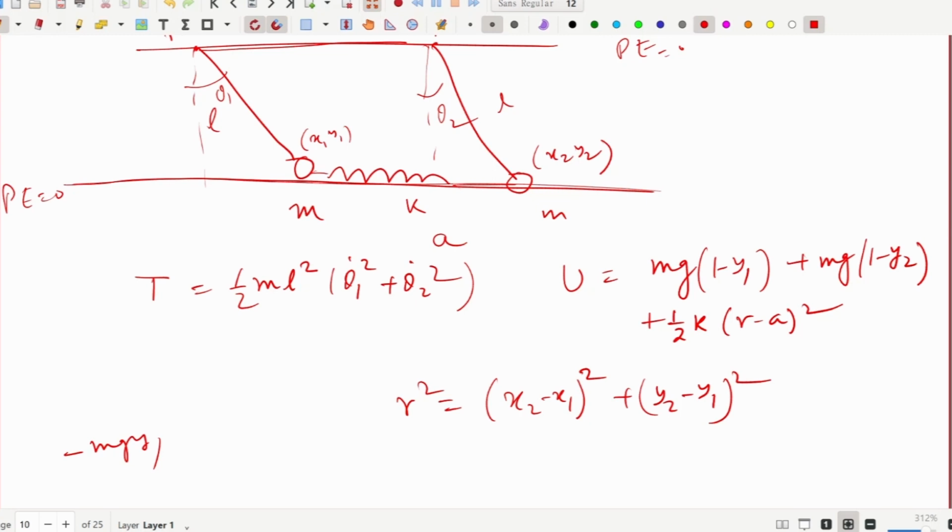But if we consider the zero at the equilibrium position, I am sorry, this will be mg times (L minus y1), and this will be mg times (L minus y2). Okay, so please make this correction. So the difference is just mg L for both cases.